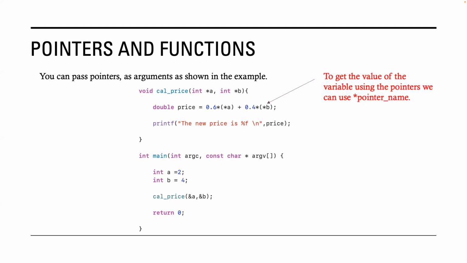If we pass the addresses of some variables, we can retrieve the values of those variables using these pointers and perform these calculations. In the main function, I declare and initialize two variables called a and b, and I pass the address of a and address of b to the cal underscore price function.